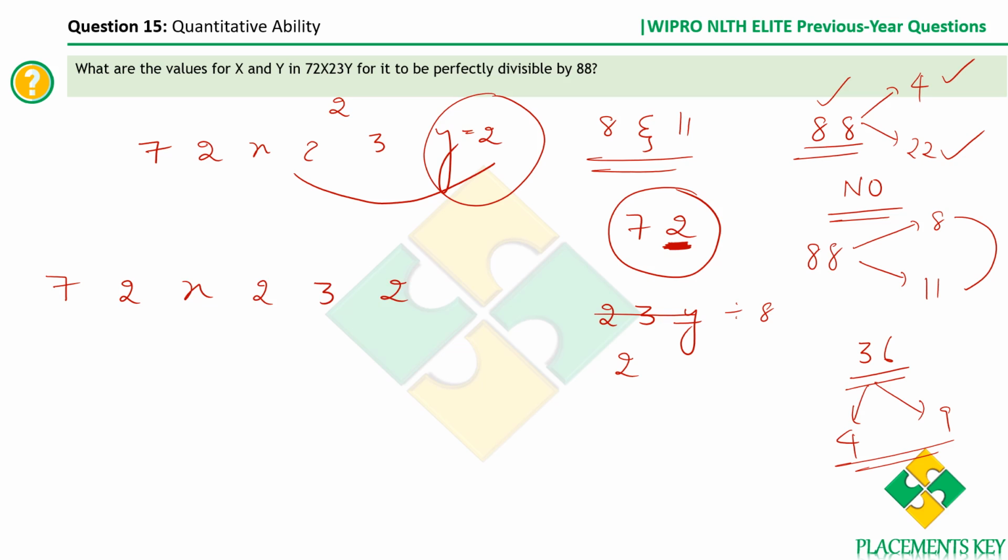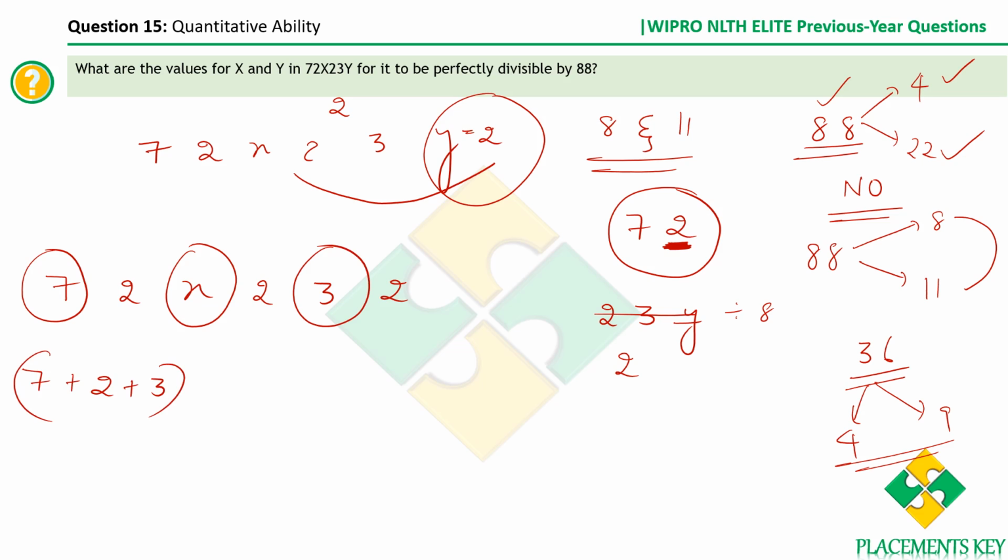Now we are supposed to find the value of x from the divisibility rule for 11. The number should be divisible by 11 also, right? Okay, let's apply that. First, let's take the sum of numbers in the odd positions, 7 plus x plus 3.